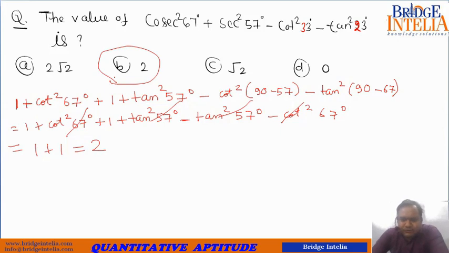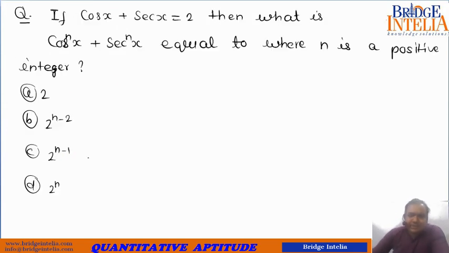So let's move further. Again, a very good question. You see, cos x and sec x are reciprocals of each other. So I told you in one of the earlier examples that if ever you get a situation like this, where a plus 1 by a is given as 2, you can safely assume that a is equal to 1, therefore 1 by a is equal to 1.